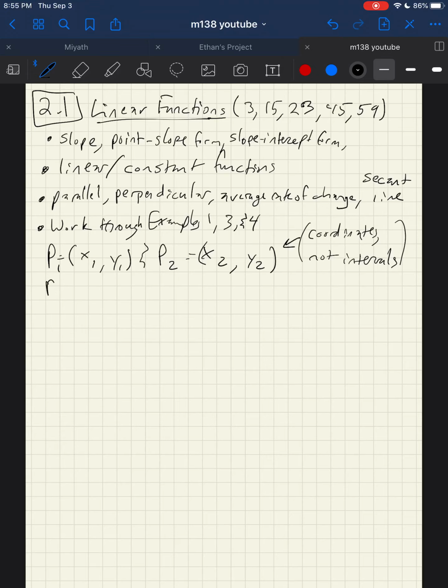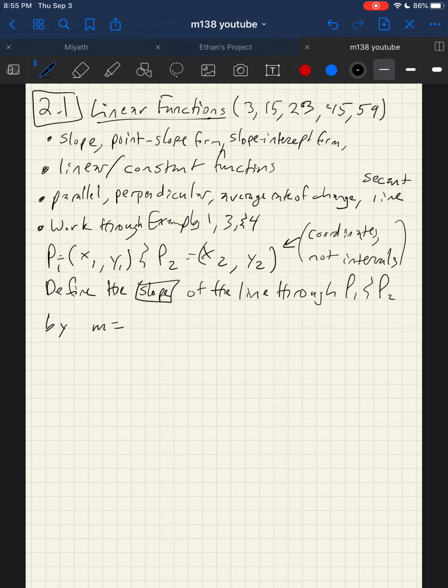Then we can define the slope of the line through these 2 points by, and we often call this m, just m is often used for slope, y2 minus y1 over x2 minus x1. And sometimes you hear this called the rise, because it's the change in y, over the run, because it's the change in x. So it's like the vertical change over the horizontal change.